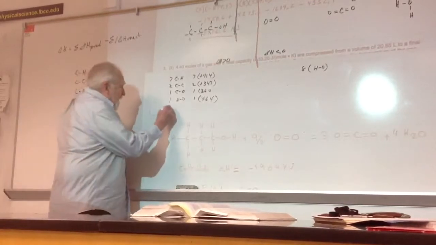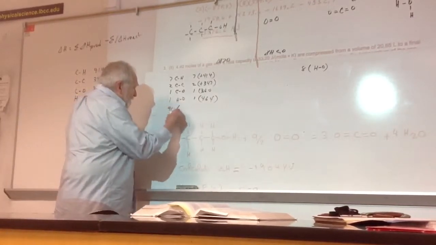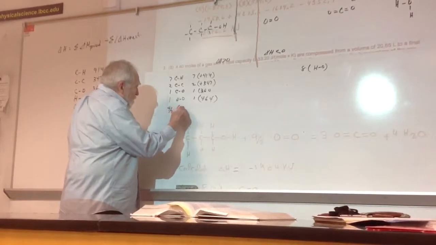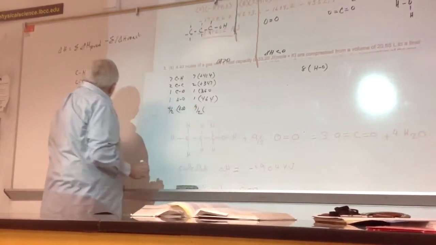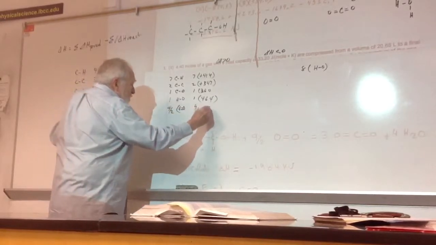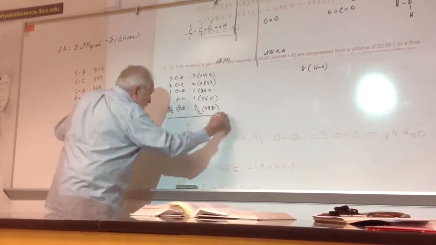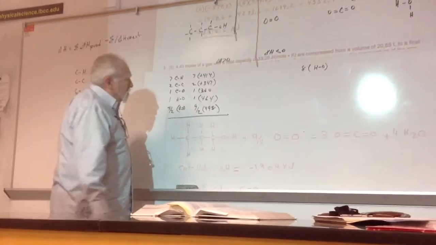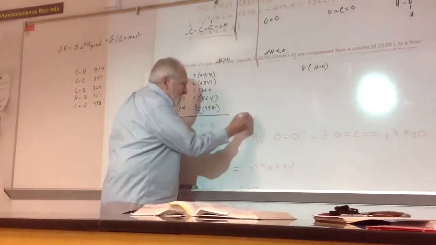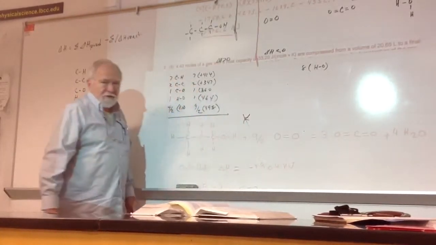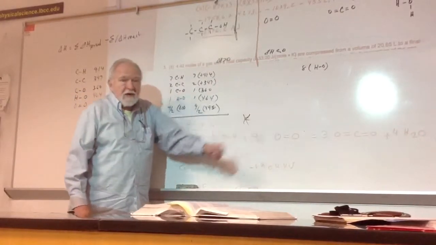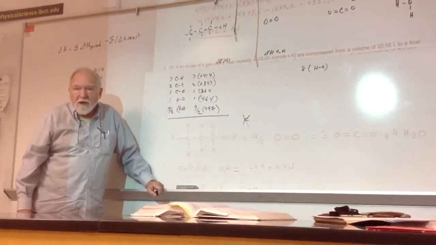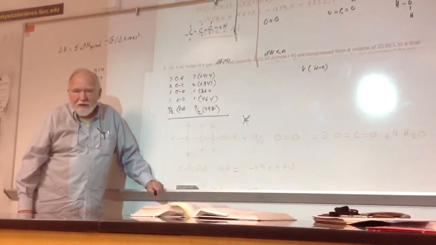I have 9/2 moles, and it's O double bond O. And for O double bond 498. And what people always do is put an equal sign in here. It's not equal. You're adding bonds that you're breaking, and you're adding the bonds that you form to get the overall energy change. Okay.